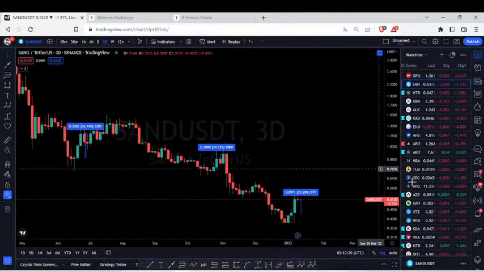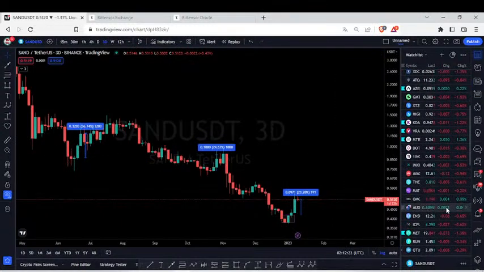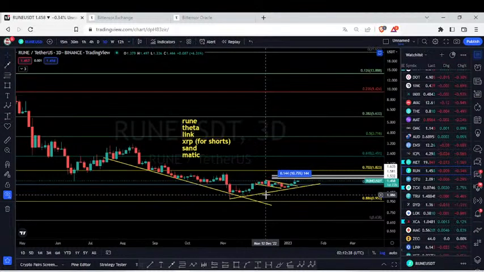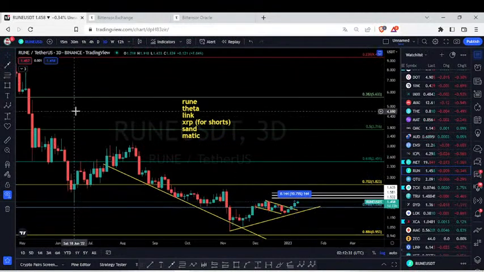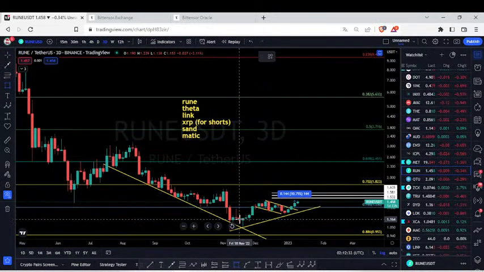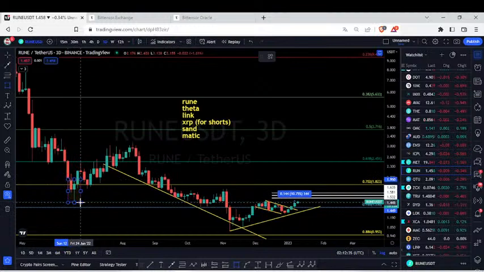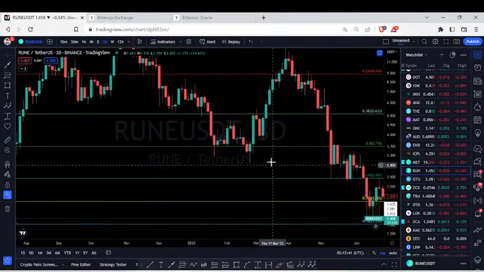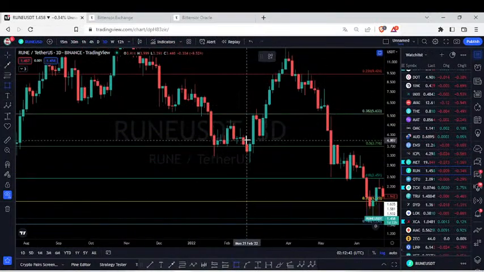Okay, so learn the dojis. They will definitely help you. Right. It's like ROOM, for example. Look at this. Bullish hammer, reversal doji. Same thing here.